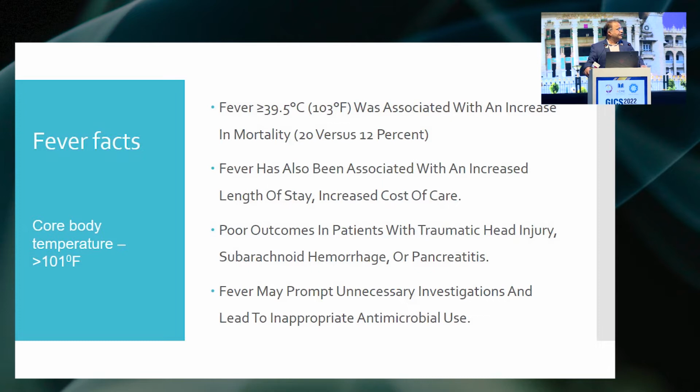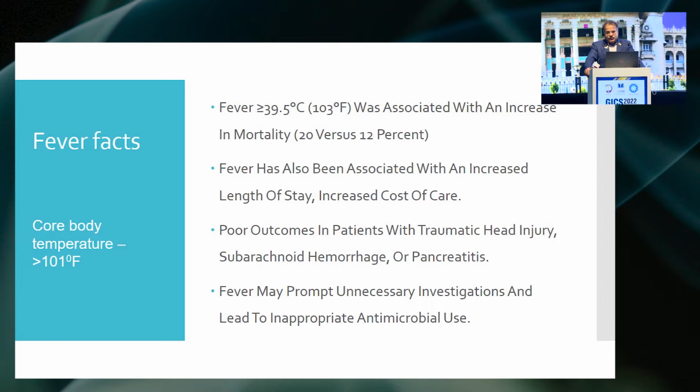Some facts about fever that we all know: if it is above 103 degrees, irrespective of cause, and it persists and you are not able to diagnose and treat the cause, it carries high mortality and increased length of hospital stay, particularly in a patient of traumatic head injury, subarachnoid hemorrhage, or pancreatitis.